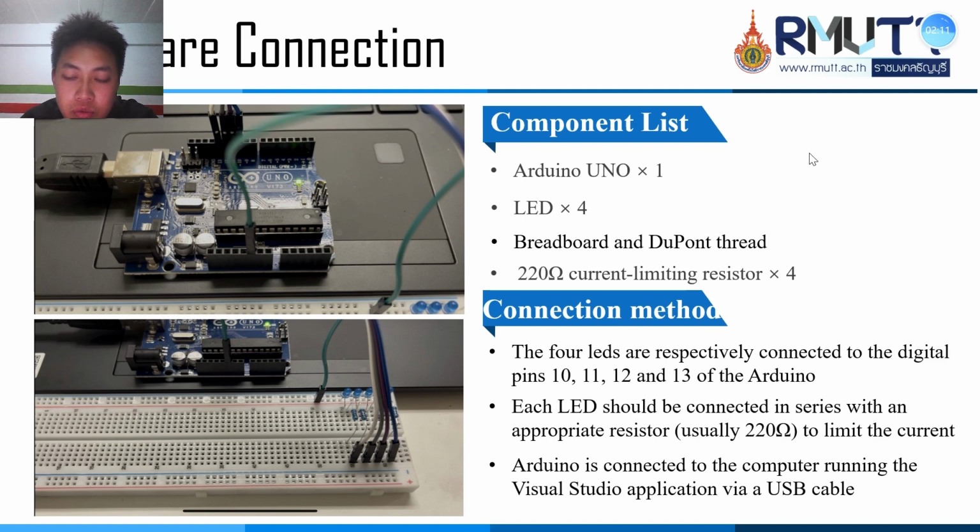Each LED should be connected in series with an appropriate resistor, usually 220 ohms, to limit the current. The Arduino is connected to the computer running the Visual Studio application via a USB cable.